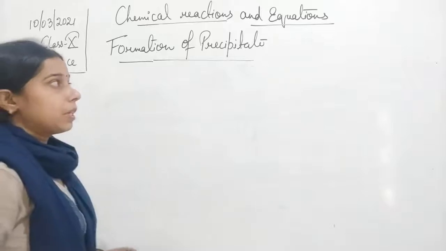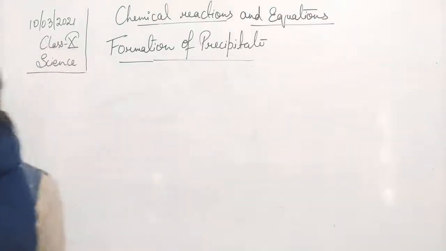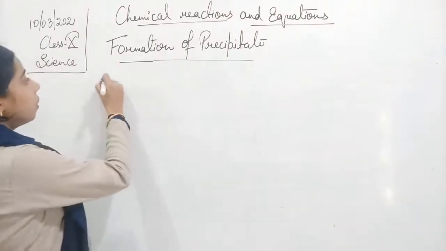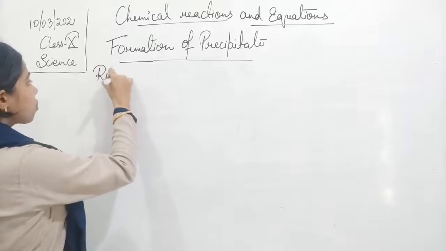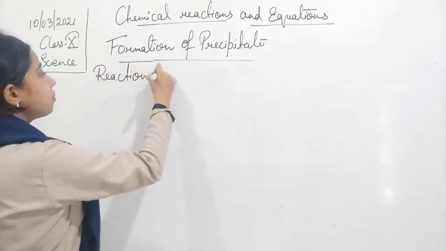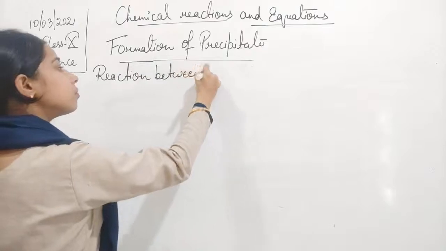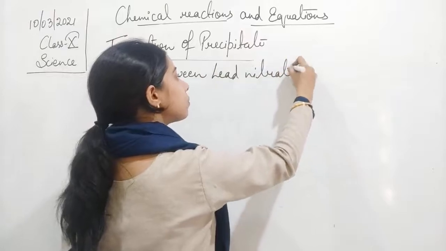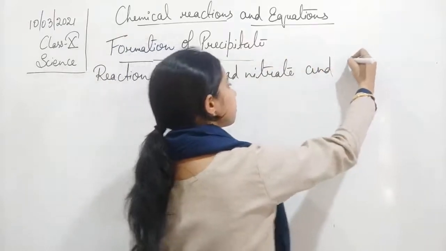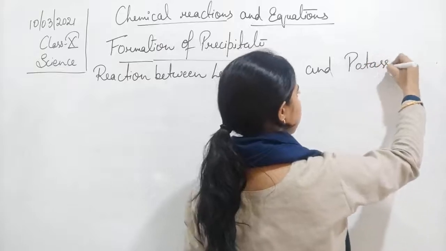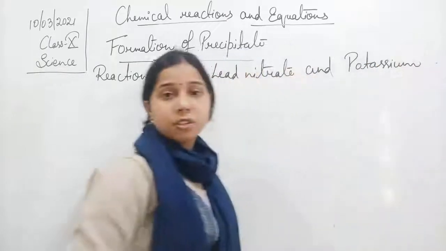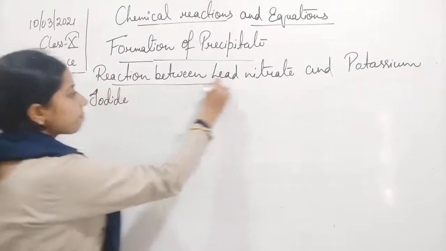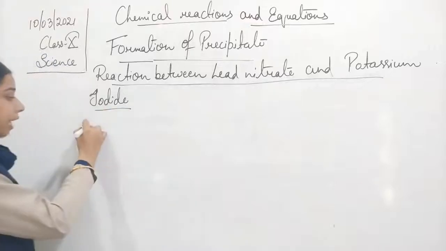Formation of a precipitate. First of all, we will take an example of potassium iodide and lead nitrate. Let me write the reaction point by point.